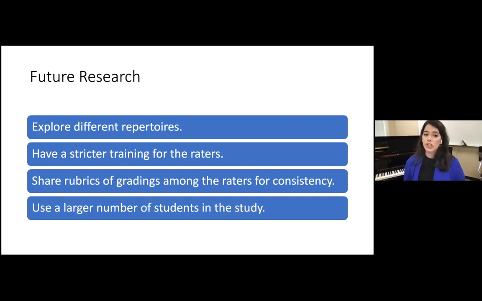I am also sharing grading rubrics among the raters for consistency. And finally, I was able to get a larger number of students this semester. So I opened the study for group piano 2 students with pieces of their own level, and group piano 4 students with pieces of their own level as well.